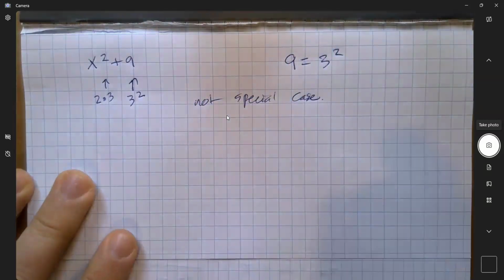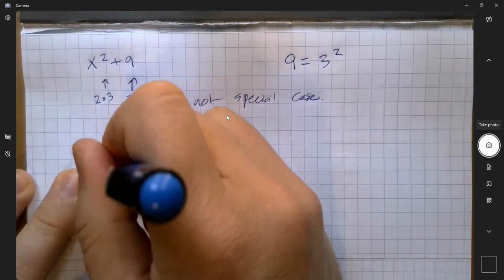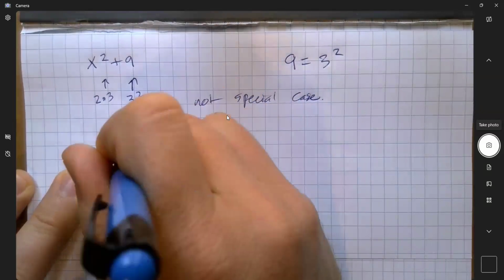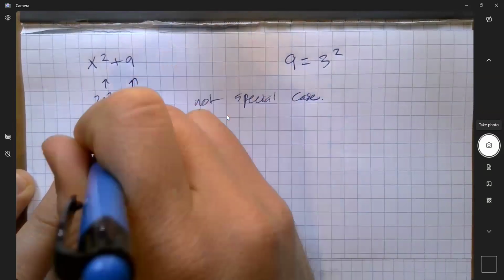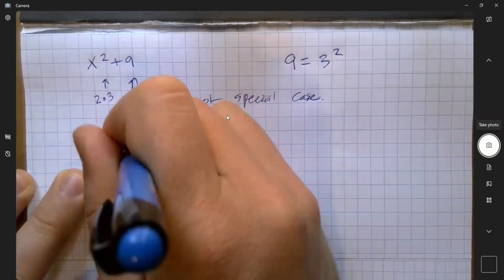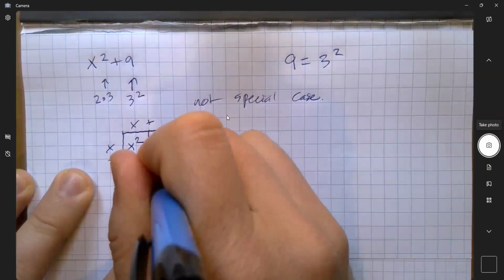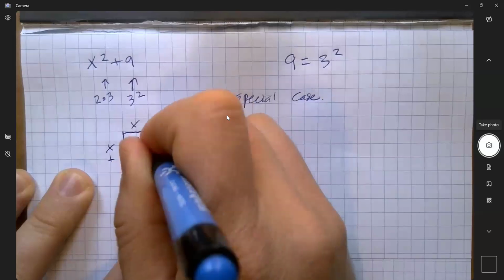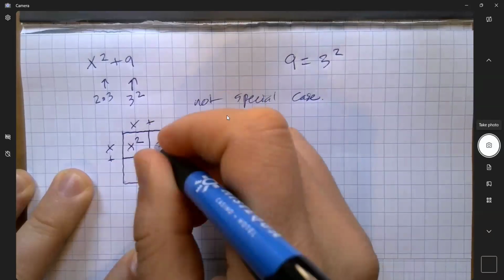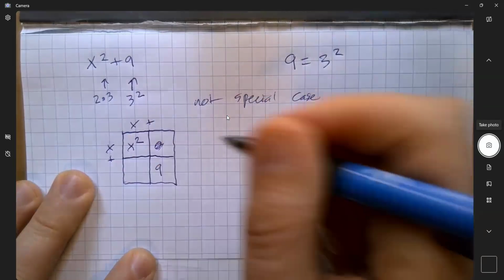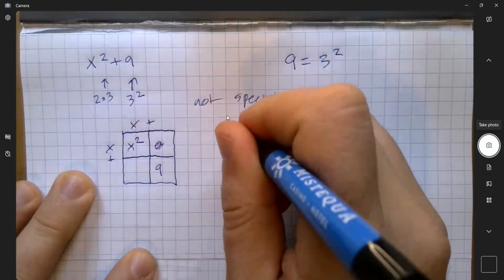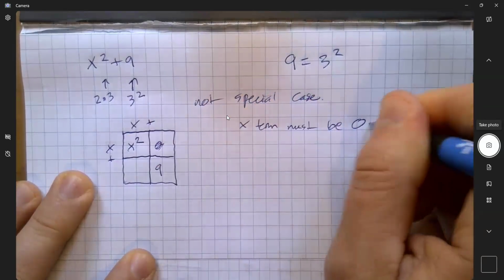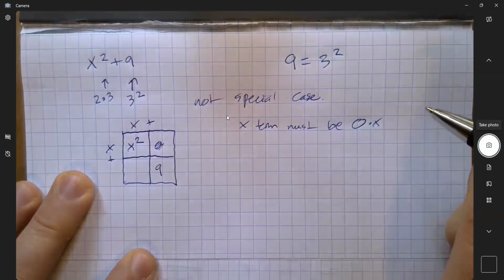So instead, I set up my box. I should have an x plus and an x plus. I have an x squared and I have a 9, but I don't have any x terms. I don't know if it's a 0x, but when I combine them, I don't have any x terms. So my x term must be 0 times x.